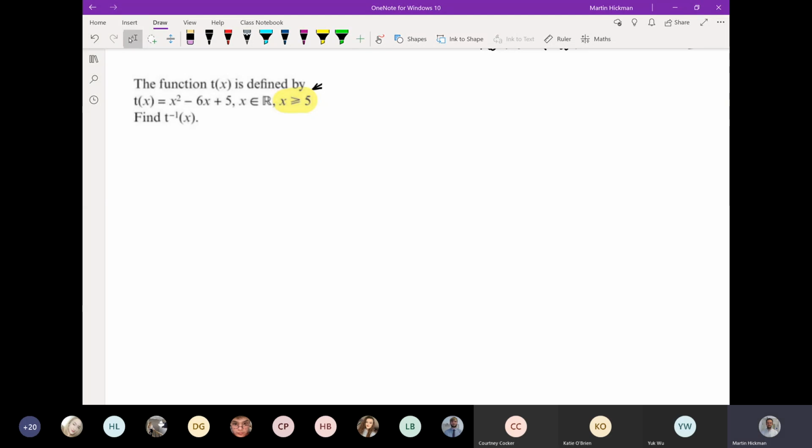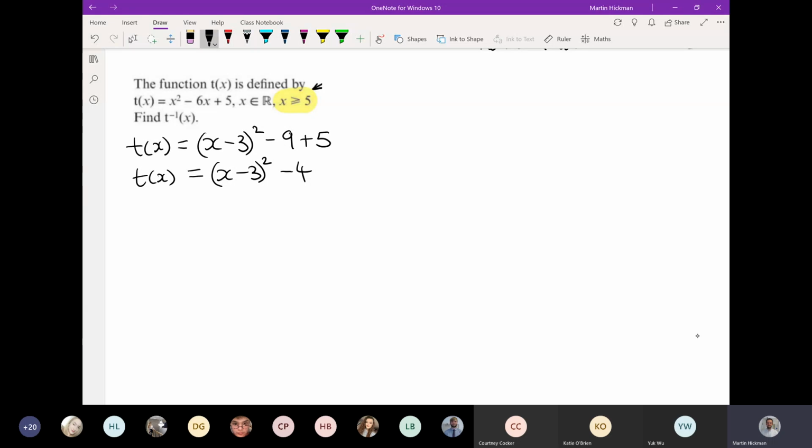So if I've got this restricted domain, what I want to do first is complete the square. I want to find the inverse, but the problem is I've got an x squared, and I've also got a 6x there. So I want to make sure that I've just got the one x. I'm going to complete the square, because when I try to find this inverse, I now only have one x, so it's much easier to make the subject.